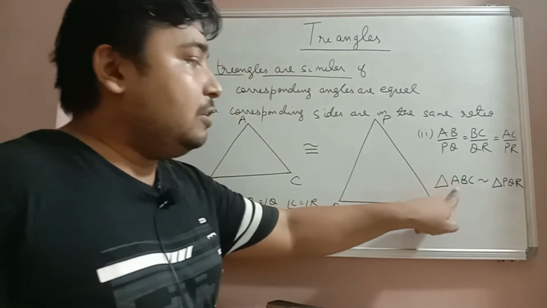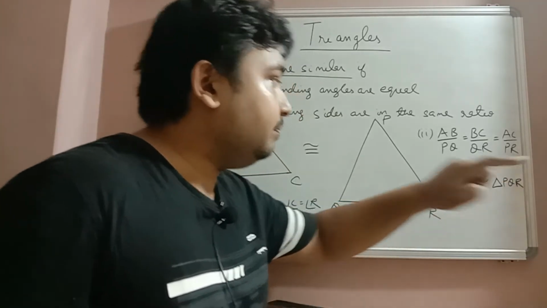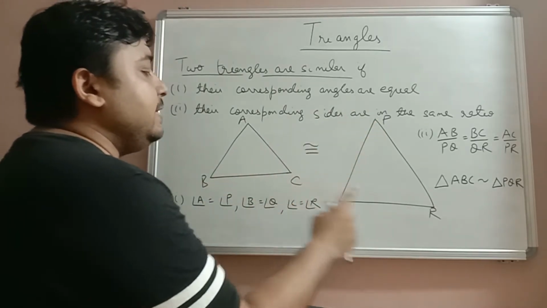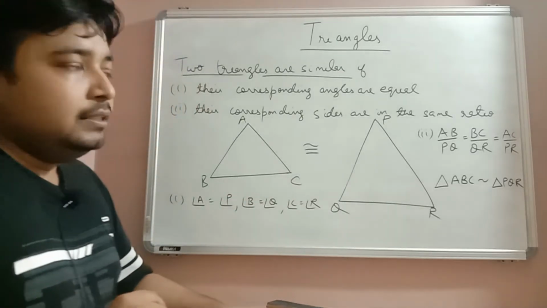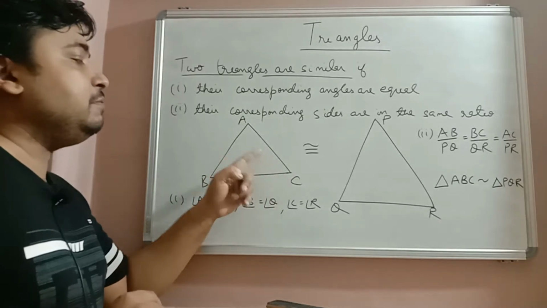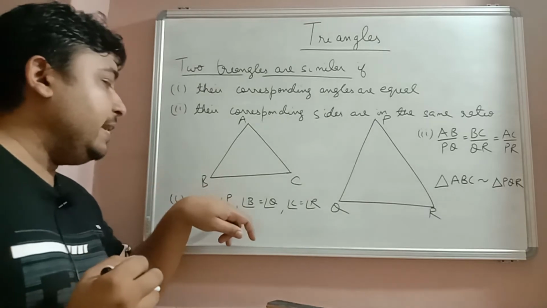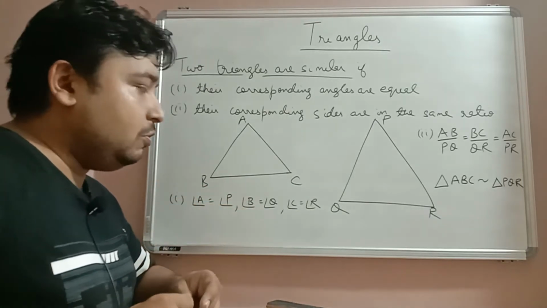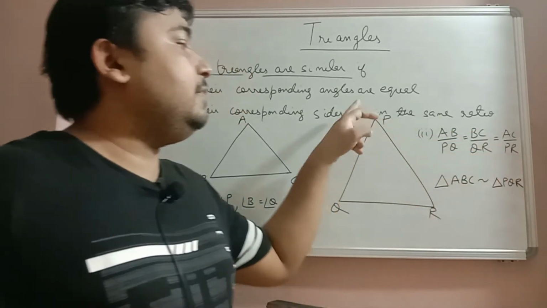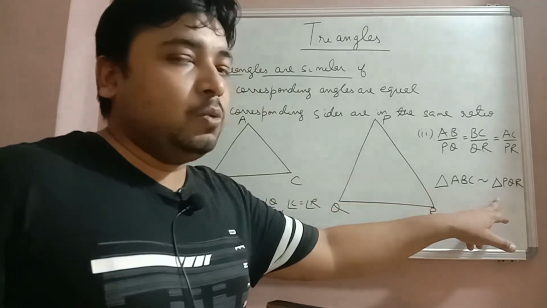It means that A corresponds to P, B corresponds to Q and C corresponds to R. So here we can see that these two triangles have the same shape but not necessarily the same size as per the figure. So if angle A equals angle P, angle B equals angle Q, angle C equals angle R, and AB upon PQ, BC upon QR equals AC upon PR, then these two triangles are similar. Triangle ABC is similar to triangle PQR.